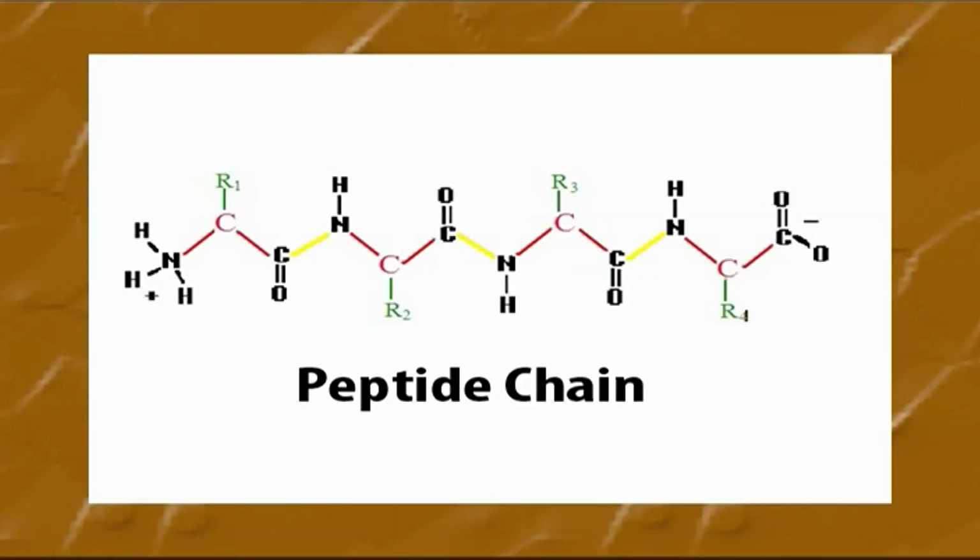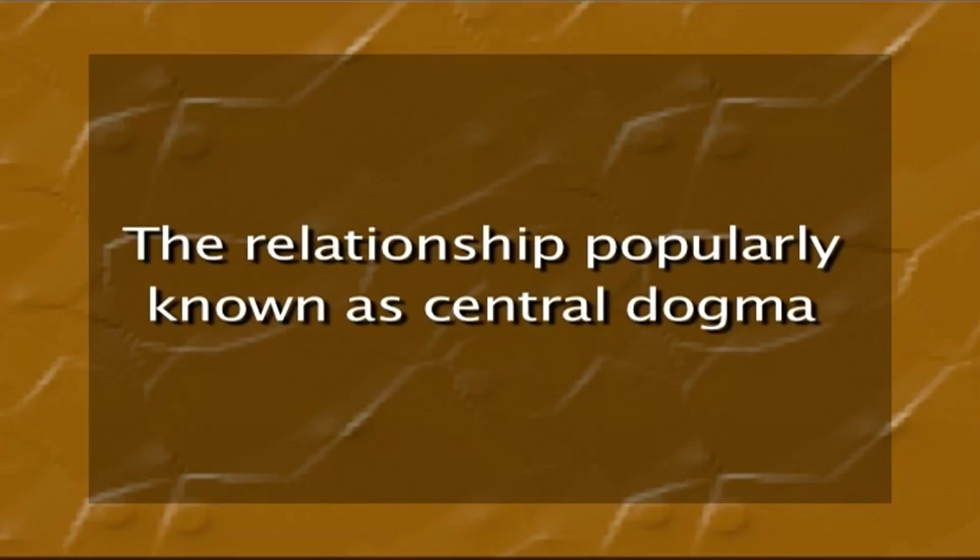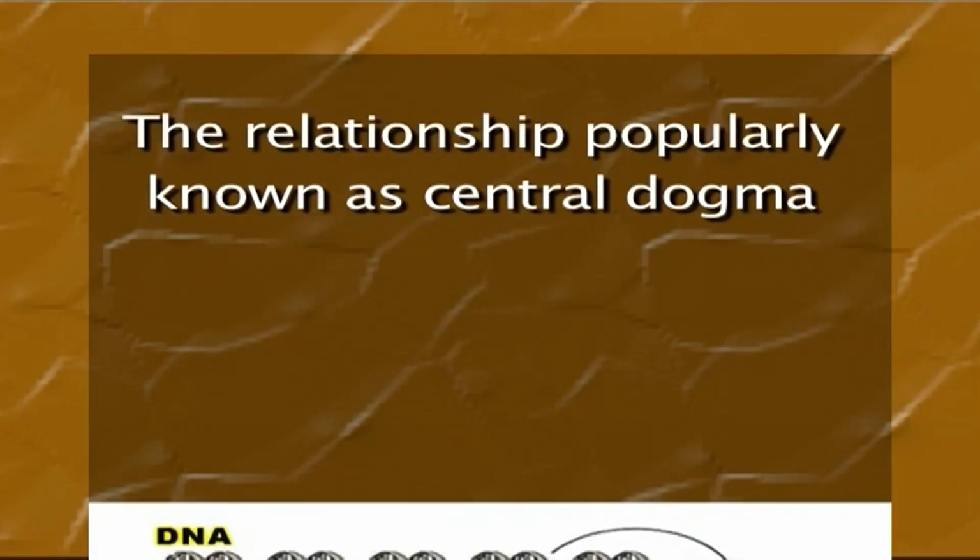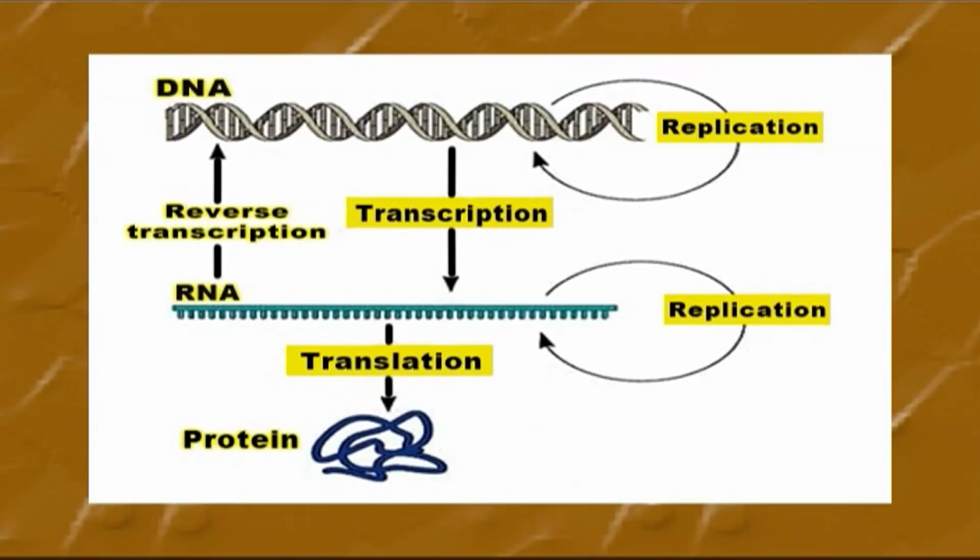Sequences of bases in a particular segment of a polynucleotide chain will determine the sequence of amino acids in a particular polypeptide. The relationship, popularly known as the central dogma, explains how protein synthesis is controlled by nucleic acids.